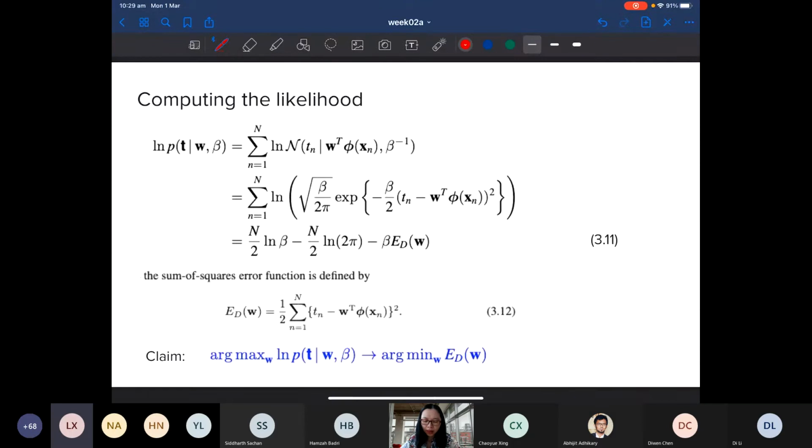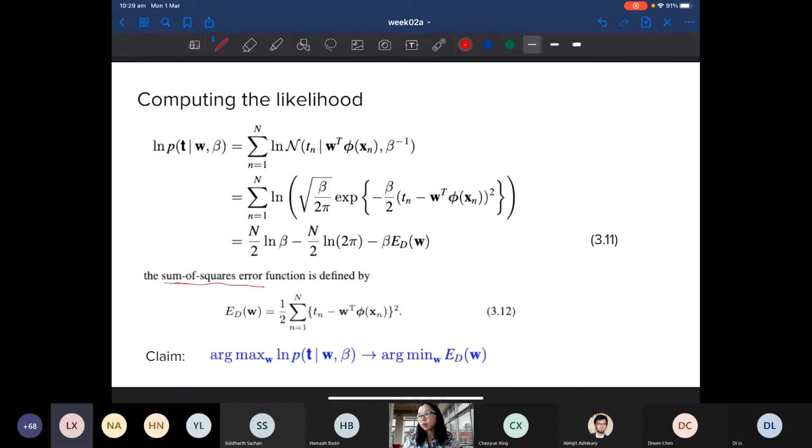Yeah, and then log of 2 pi is a constant. There's also 2 over n. And then the last term, the square root. So log and exp cancel. The constant beta comes out front. And we're essentially looking at a sum of square terms, right? In here, we see the familiar sum of square error function after taking the log of the Gaussian probabilities.